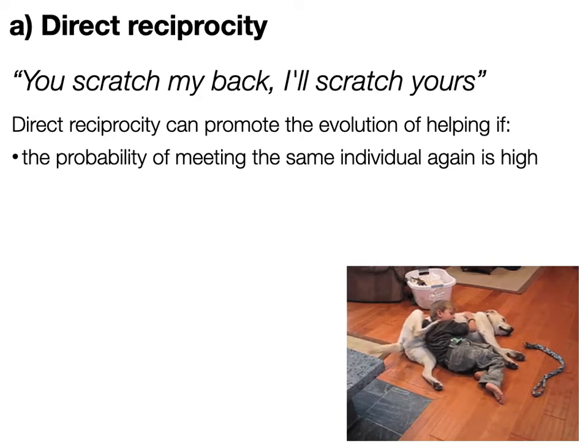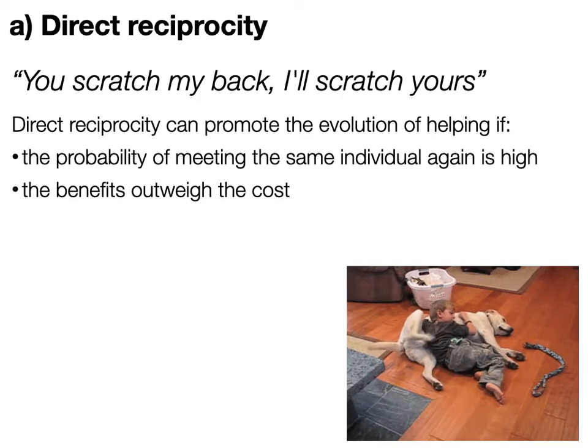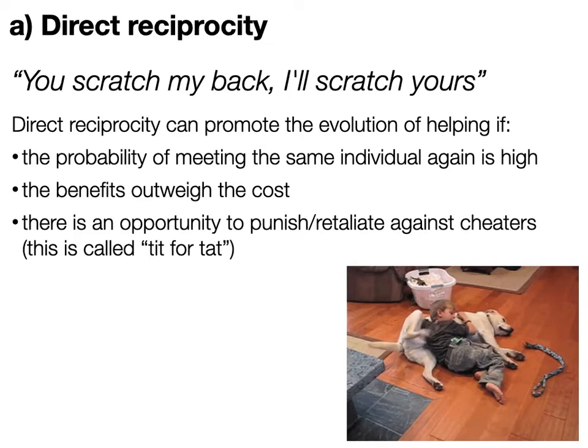If you're like a deep sea fish with a very low probability of ever encountering the same individual, we wouldn't expect direct reciprocity to be a mechanism that would promote helping behavior. In addition, the benefits of providing help must outweigh the cost of providing it. And it's usually thought that there should be an opportunity to punish or retaliate against cheaters. And this is called tit for tat. Tit for tat means if you help me, I'll help you back. If you hurt me, I'll hurt you back.